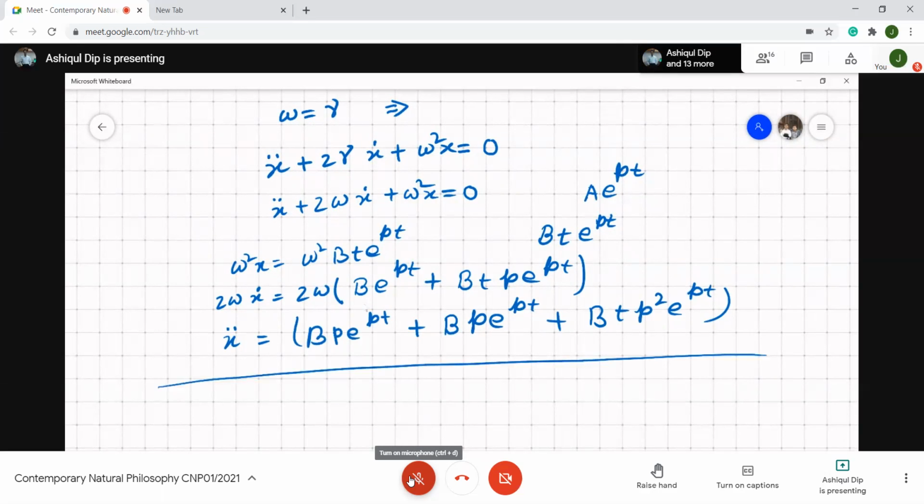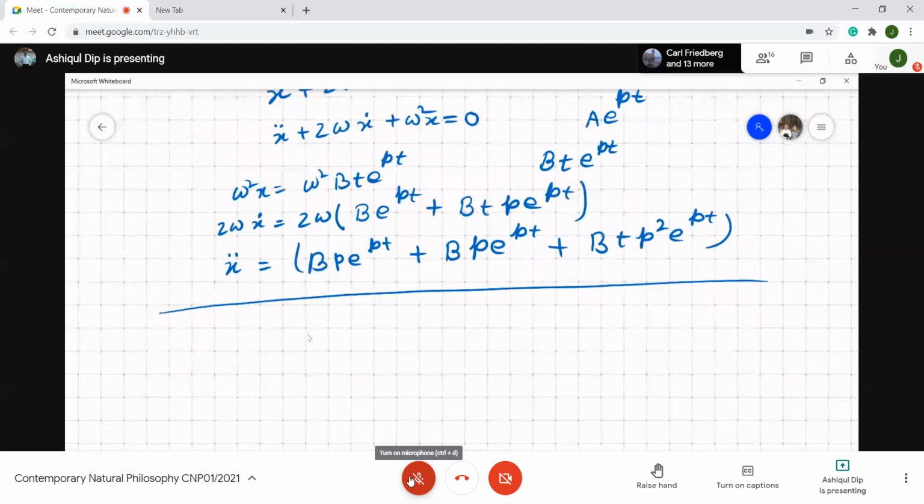Now add all those things and factor out e to the power pt.